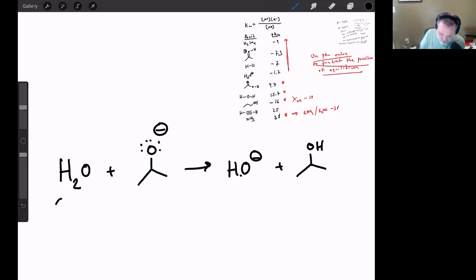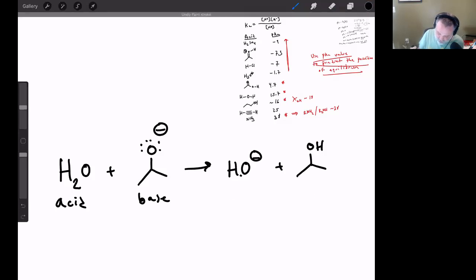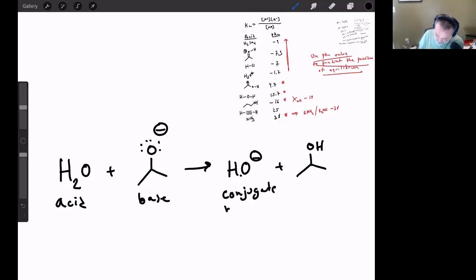In this case, this is acting as the acid. This is acting as the base. This is the conjugate base of the water, and this is the conjugate acid of the alkoxide.